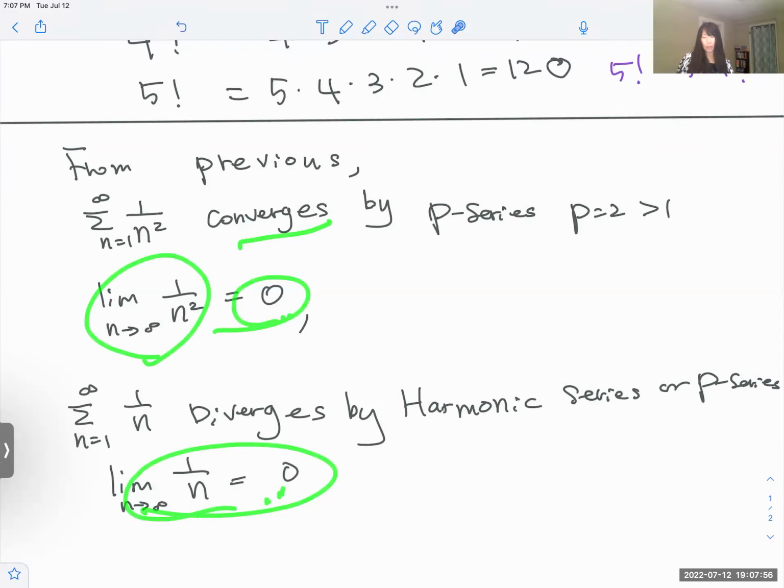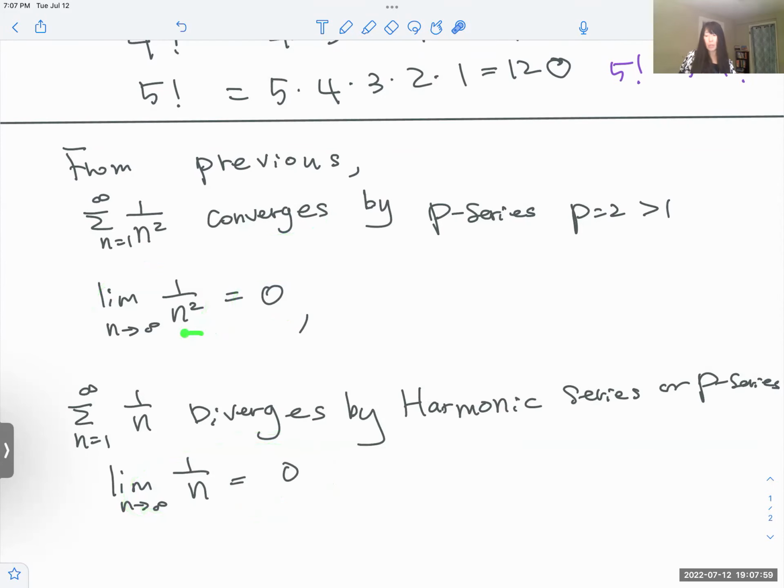Why does this one converge and this one diverge, right? Because this one approaches 0 more quickly than this one. Okay, so the ratio test provides, I'm gonna read the textbook, a way of measuring how fast the terms of a series approach 0. Okay, so let me write down.